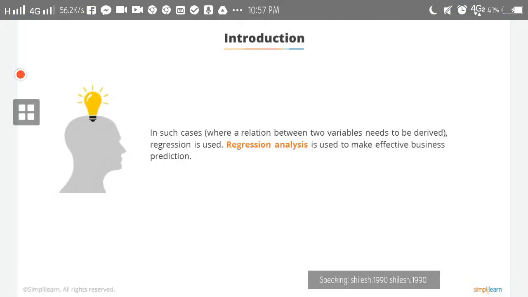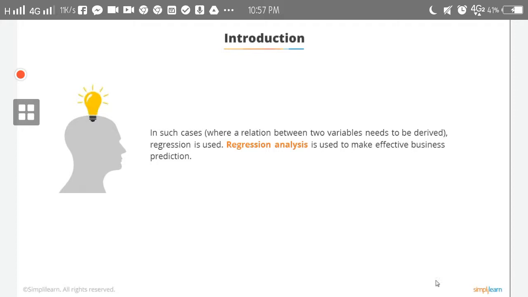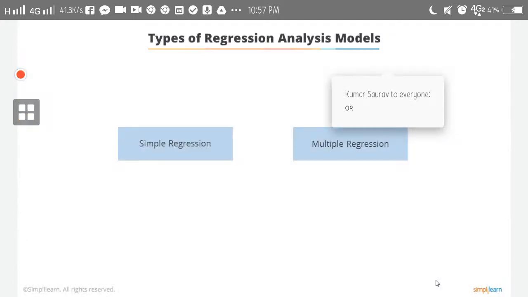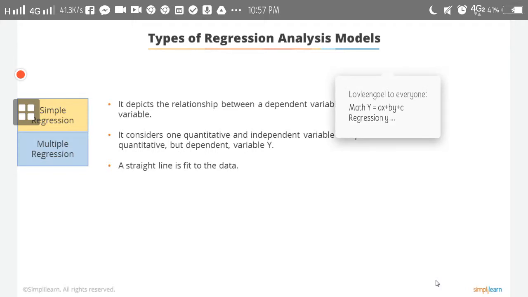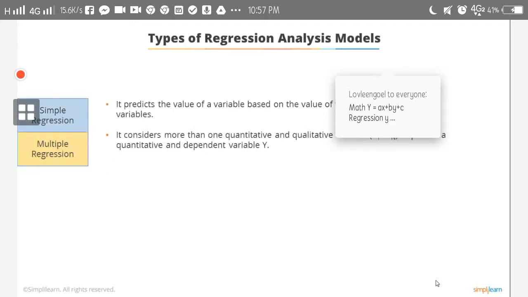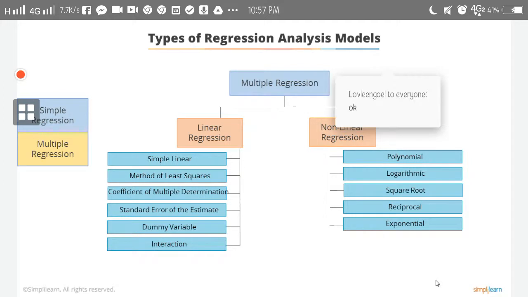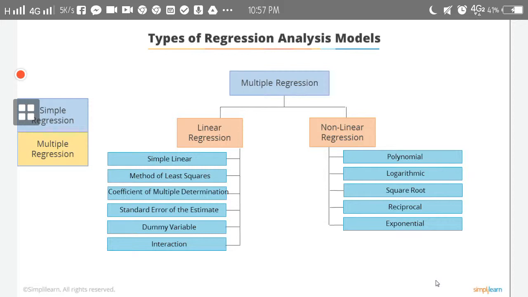Just to keep you in line with what is the difference in regression in SAS and R. No difference at all. Regression is regression. Simple, multiple, everything. Okay.